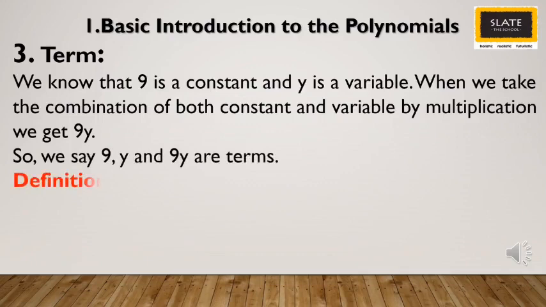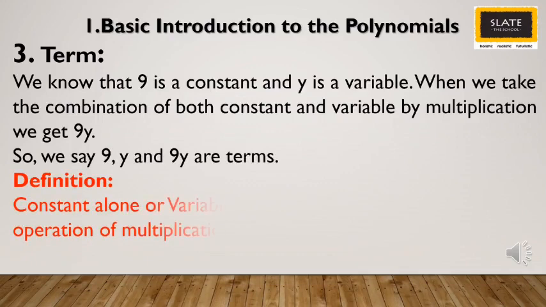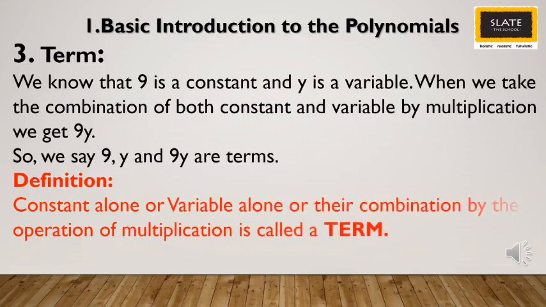Now see the definition. Constant alone or variable alone or their combination by the operation of multiplication is called a term. Example: 7xy, 3x square y, 5, z, so on.